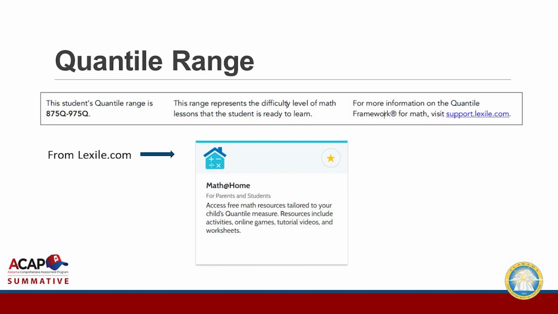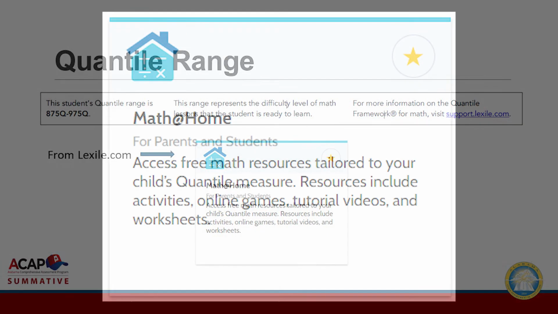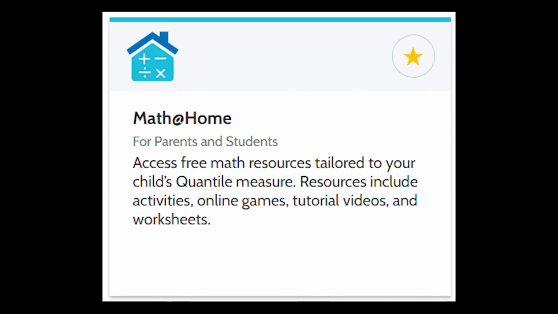Similar to the Lexile range, the Quantile range is useful for picking out math activities for your student to practice with outside of school and in the summer. You can also find out more about the Quantile range by going to the Lexile website, which has math resources and activities available for download. Here's a screenshot of what to look for on that website.